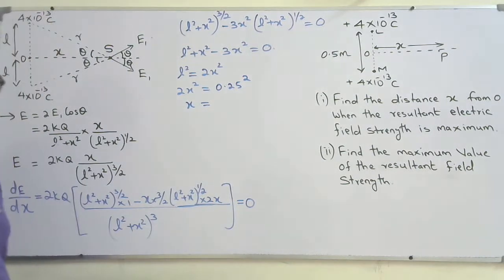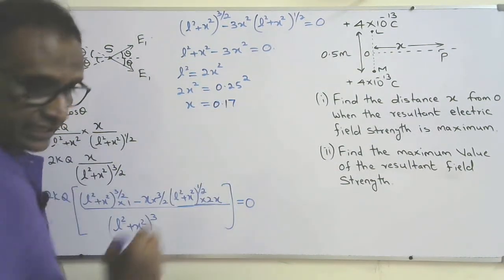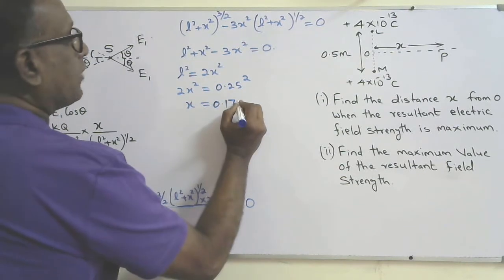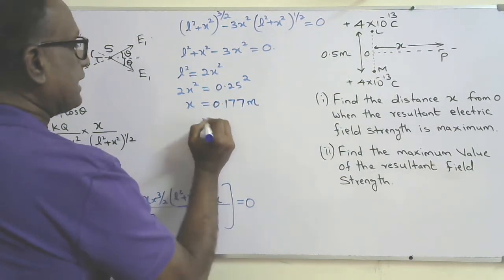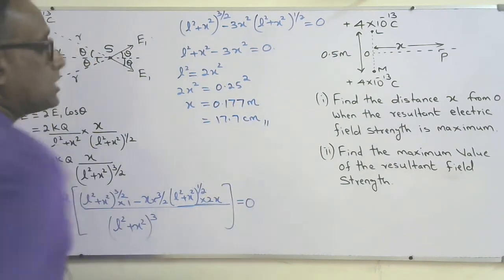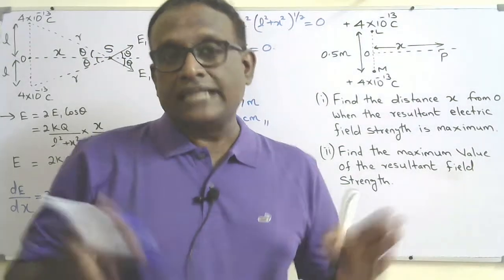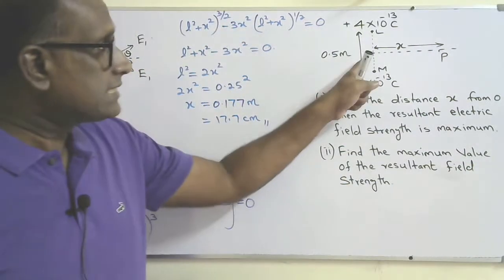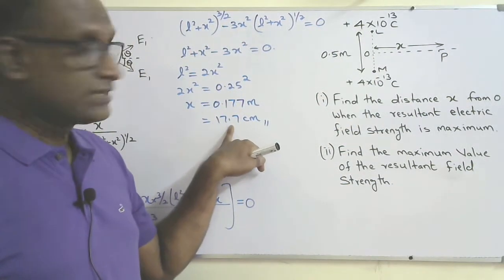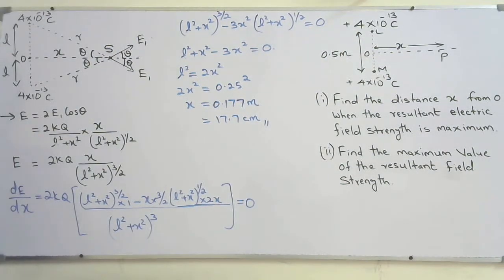You will get x equal to 0.177 meters, that is 17.7 centimeters. So the maximum value of electric field strength will be obtained at a distance of 17.7 centimeters from O. This is the answer for the first part.